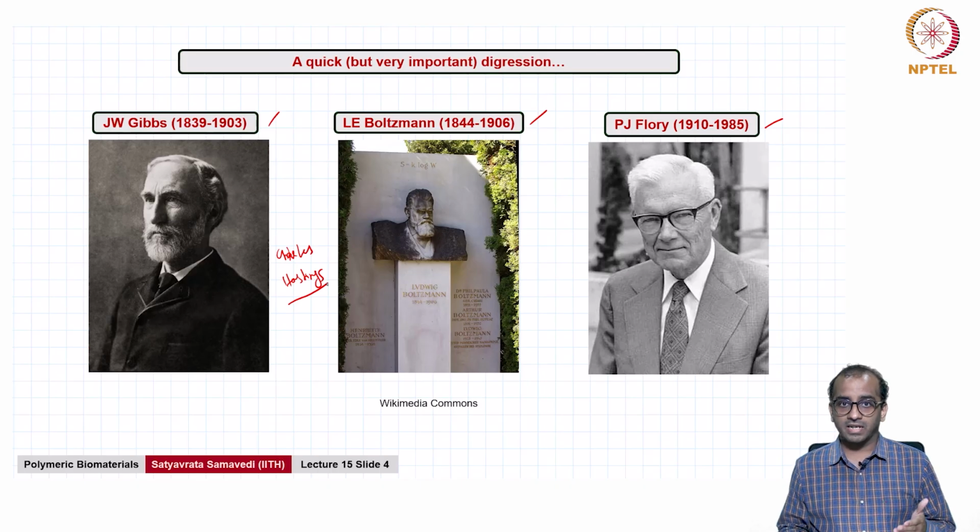Maxwell, who was another scientist that we all look up to, is one of those few people whom Gibbs corresponded with, and he immediately understood the genius that Gibbs was, and the correspondence between them is very interesting to note. You should look up that and get inspired by that.